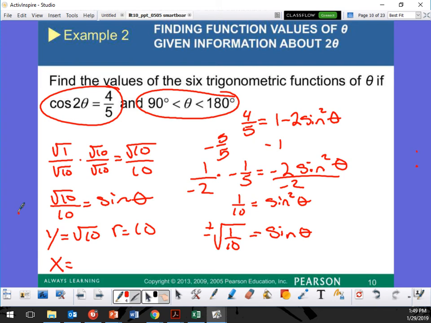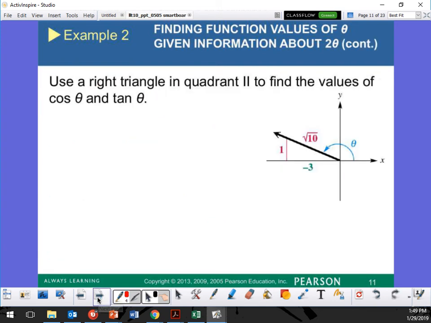That's just Pythagorean Theorem. So we said that x squared plus y squared equals r squared. So y was rad 10, r is 10, and I'm looking for x, right?